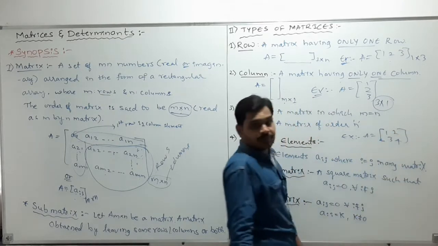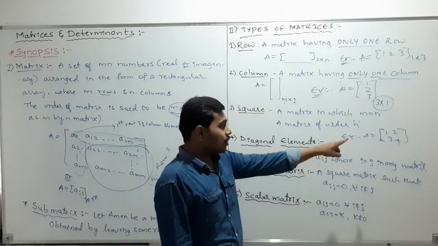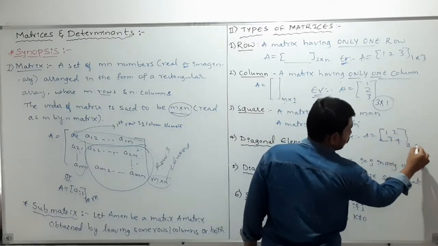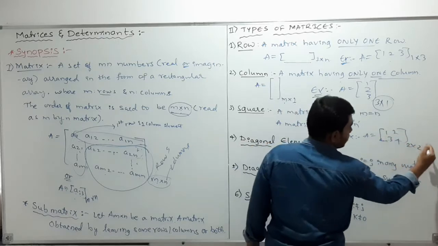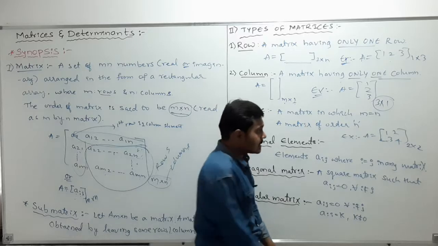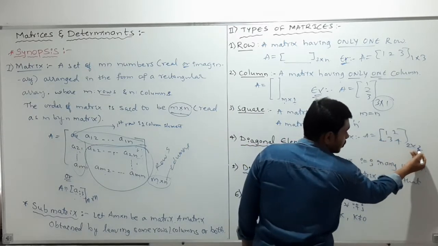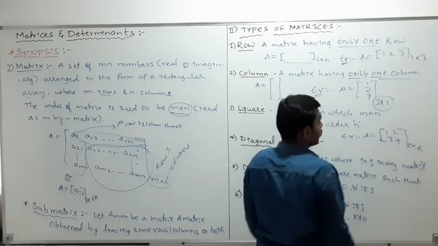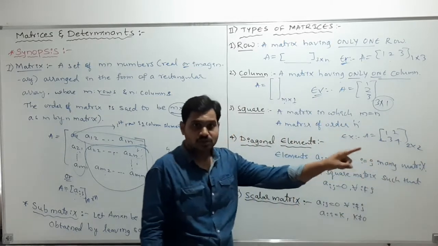My dear students, first of all, tell me the order of this matrix. 2 rows are there, 2 columns are there. The order of the matrix is 2 cross 2. The number of rows is equal to the number of columns. Number of rows is 2, number of columns is 2. So therefore the order of this matrix is 2 cross 2.